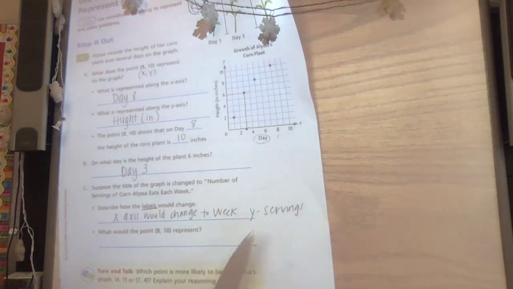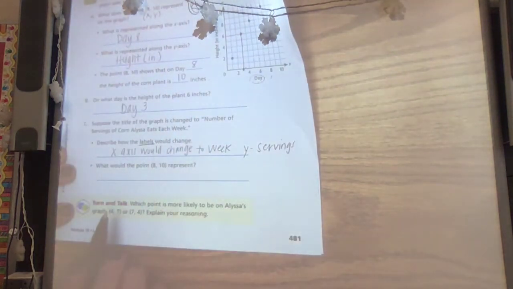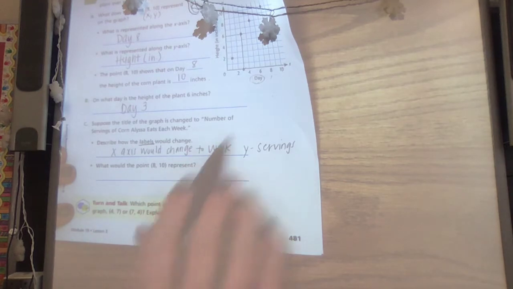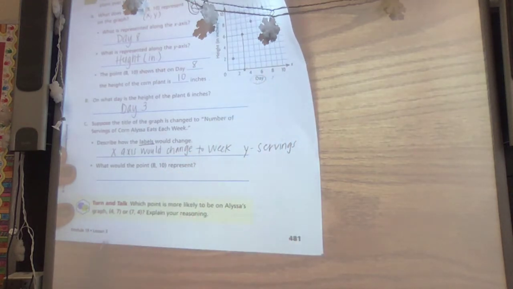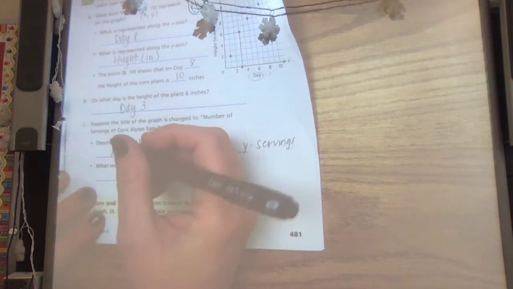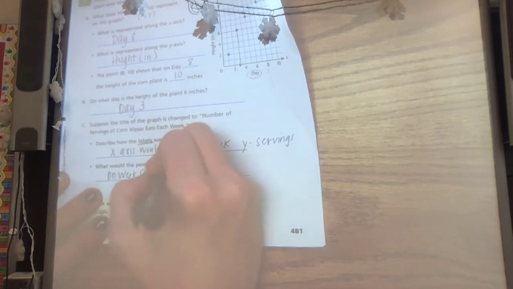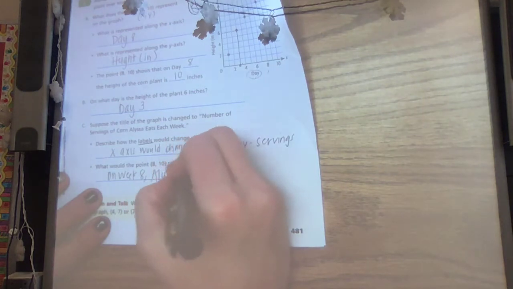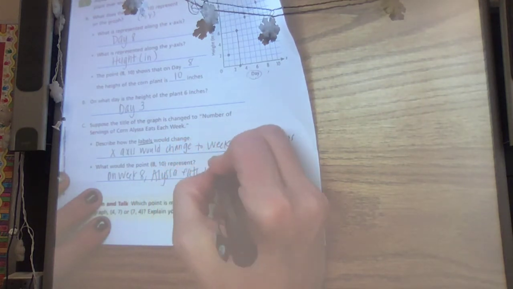And really, you could say either one as long as it represents that. But since this was already days, we just went ahead and made that weeks. And so what would 8, 10 represent? On week 8, Alyssa eats 10 servings of corn.